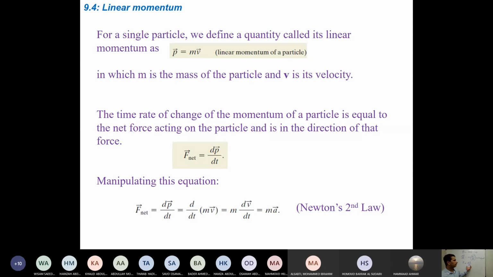So there is a change in the momentum of the car, which is equivalent to the force applied to the next thing the car was interacting with. So this is Newton's second law expressed in terms of the momentum.